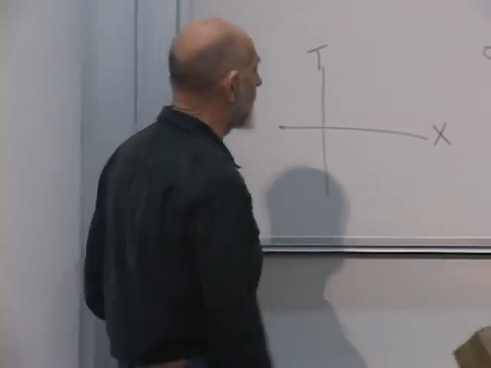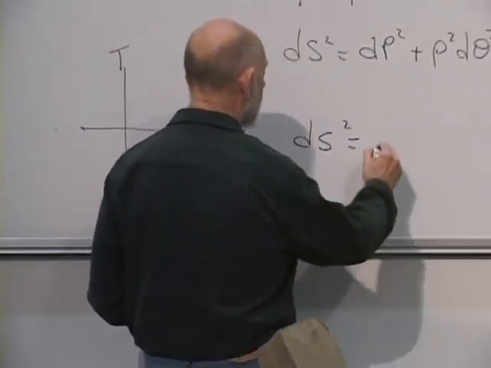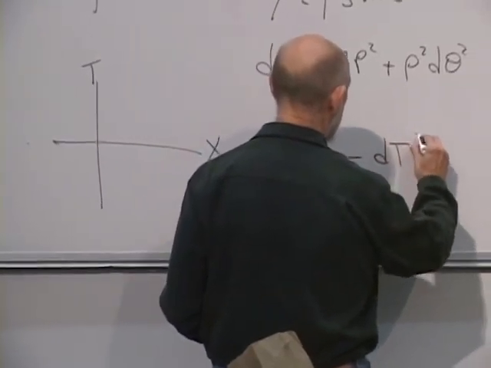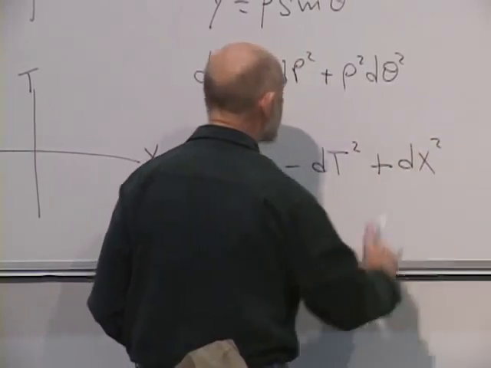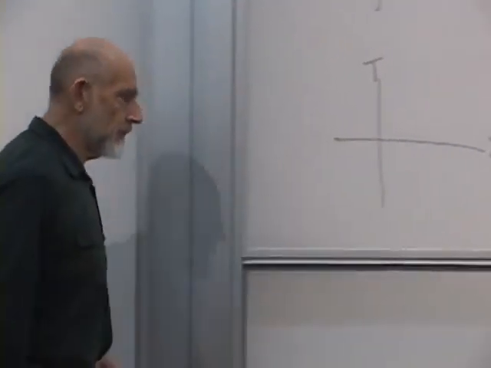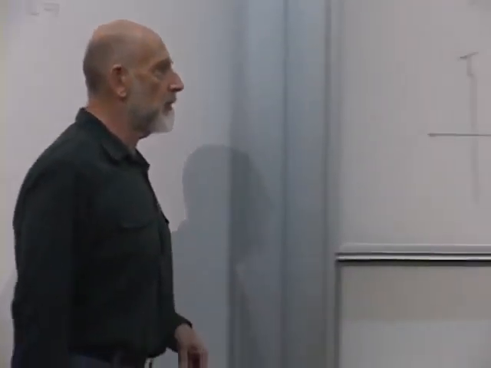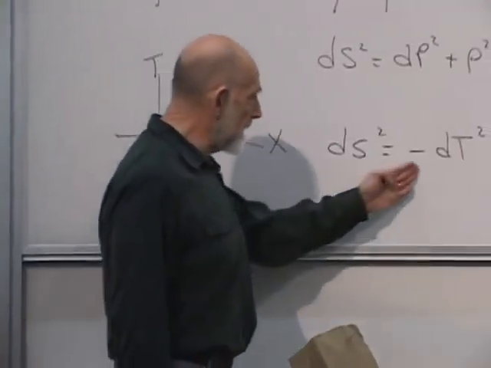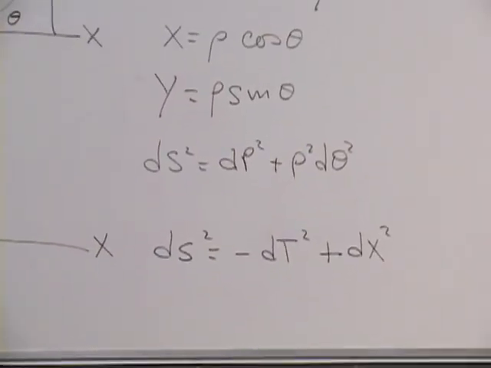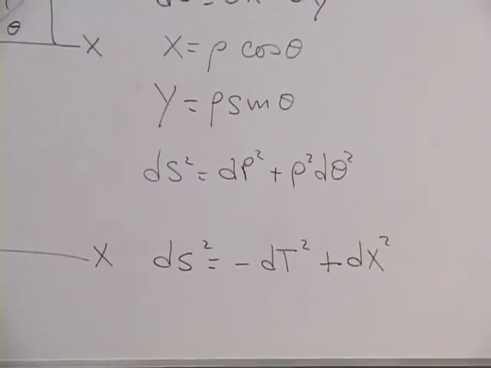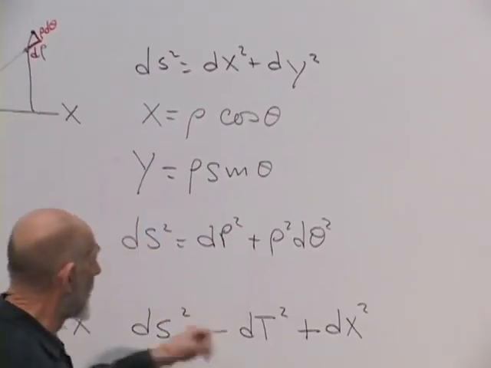The metric now is ds squared is equal to minus dT squared plus dx squared. This is just two-dimensional now. We don't need the other dimensions for this argument to explain what's happening here. The minus is there for special relativity. Okay? So that's our metric. It looks sort of like this, but only a sign change.